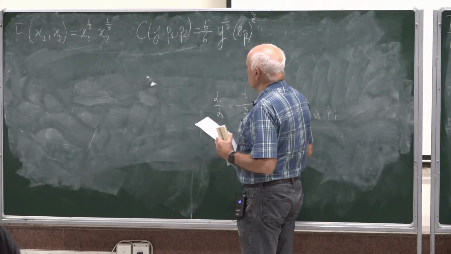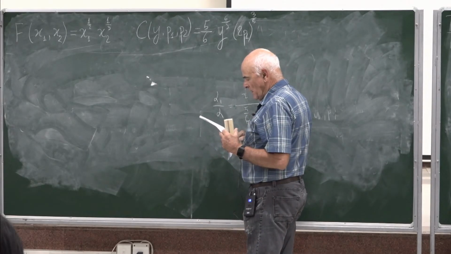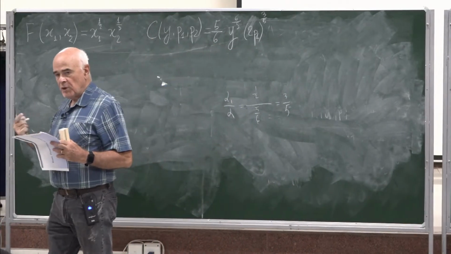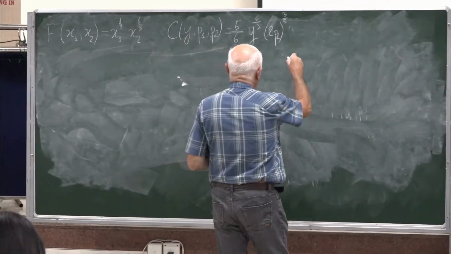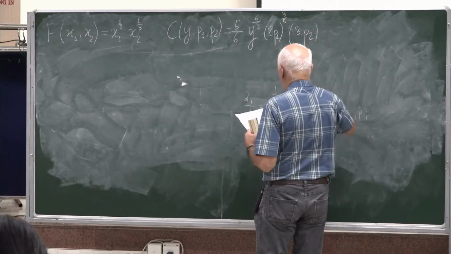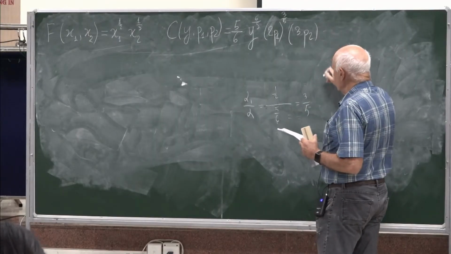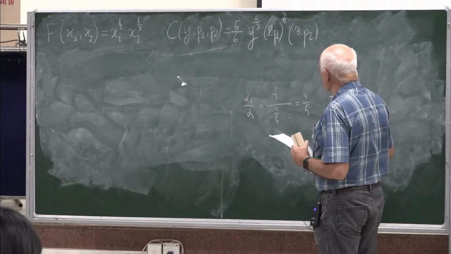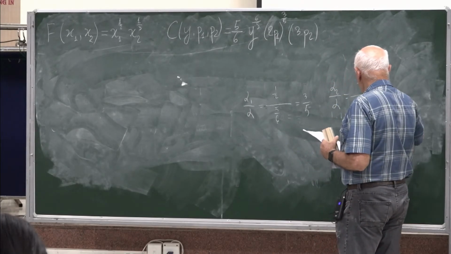And the same with P2. P2 divided by alpha 2, so divided by 1/3, means 3 P2. And the exponent here is alpha 2 divided by alpha, which is 1/3 divided by 5/6, so 2 over 5.